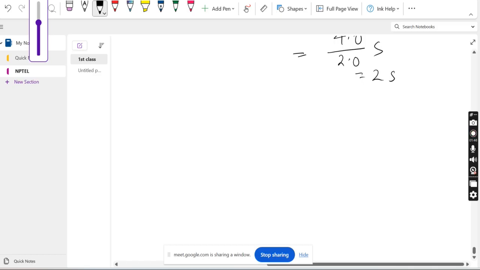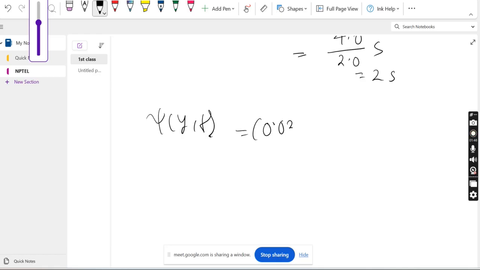So at time t, psi of y comma t will be 0.030 meter cos of 2 pi y by 4 plus t by 2.